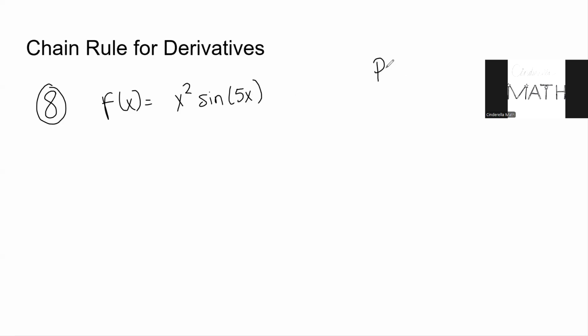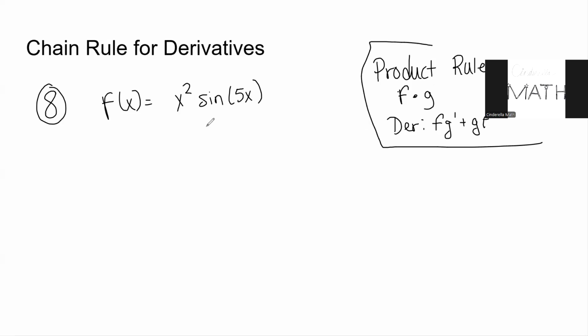So we're going to need the product rule with the chain rule on this. Let me remind you of product rule. If your original thing looks like this, f times g, so two functions multiplied, your derivative is f g prime plus g f prime. That's product.